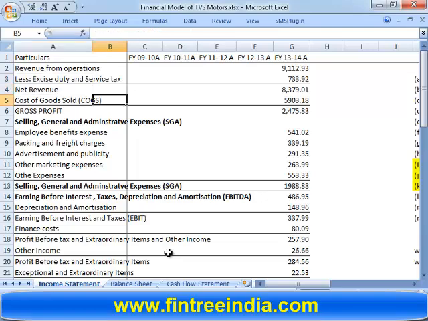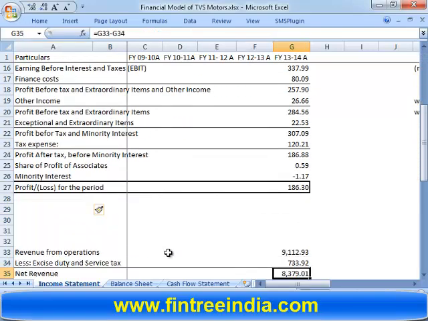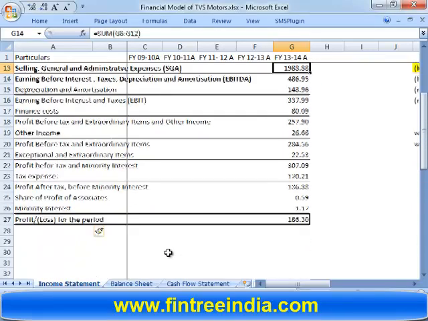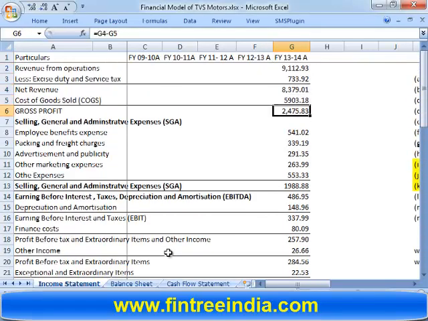Cost of goods sold is total of these three items. This, and this. So take a total and do a paste special. Yes, absolutely.